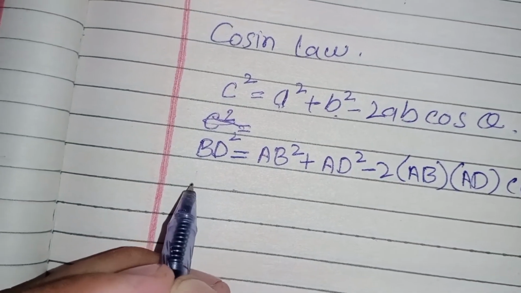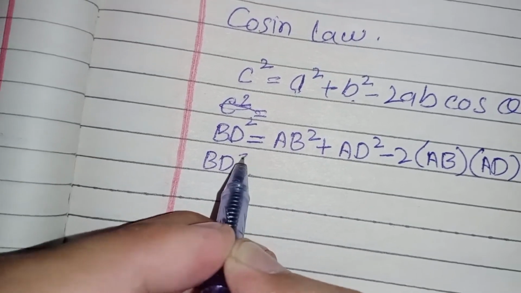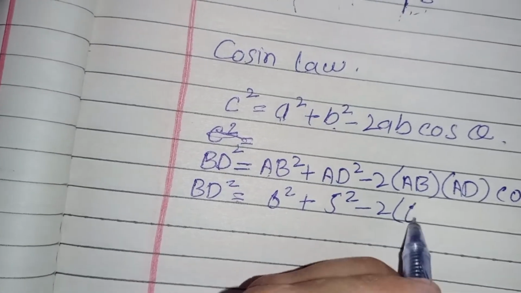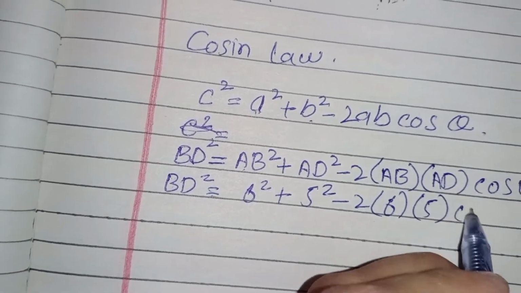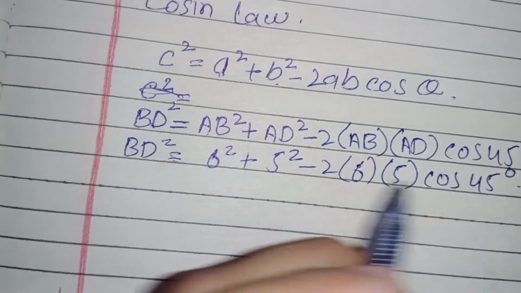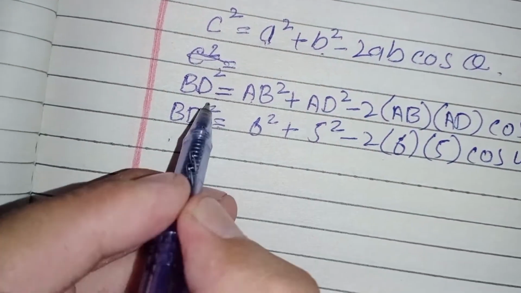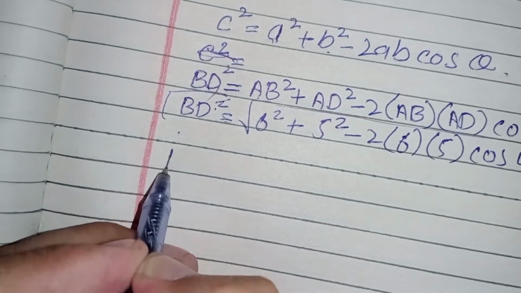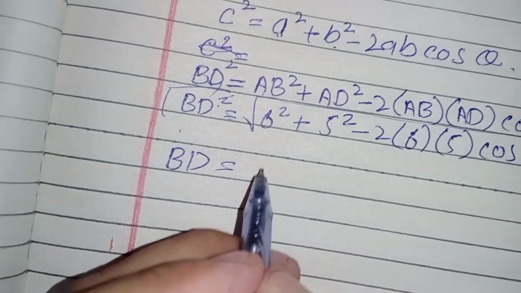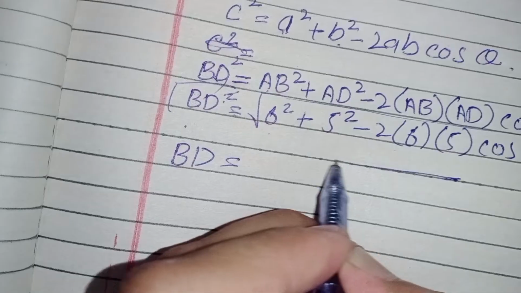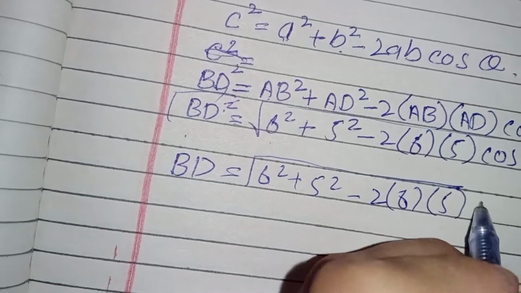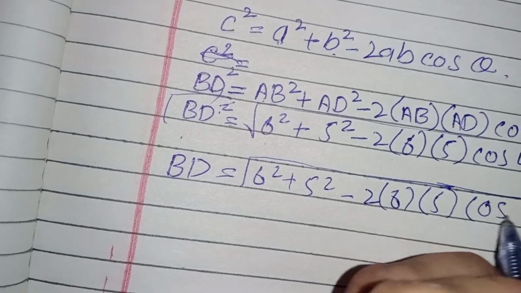So BD square is unknown, and AB is 6 meter, so 6 square plus 5 square minus 2 into 6 into 5 cos 45. I take the square root of both sides, the square and square root cancel out, and BD remains single, equal to the root of 6 square plus 5 square minus 2 into 6 into 5 cos 45.